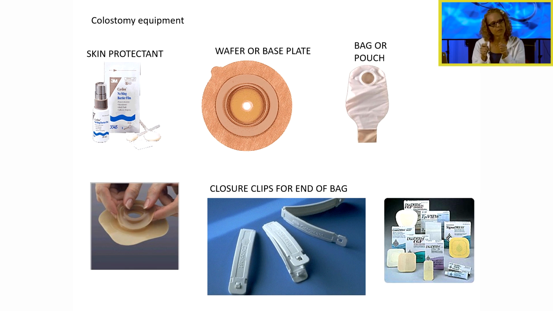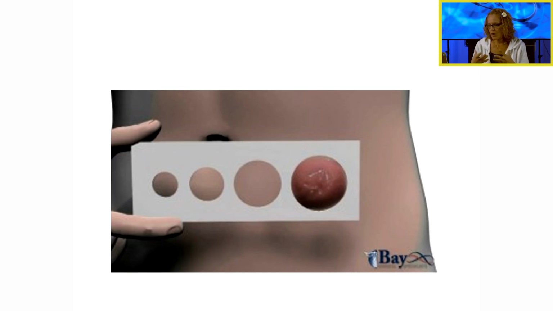It almost snaps on like a Tupperware bowl. Here we also see examples of closure clips for the end of the bag. And there are lots and lots of different types of colostomy equipment and supplies, but these are some of the basic ways that we refer to them.